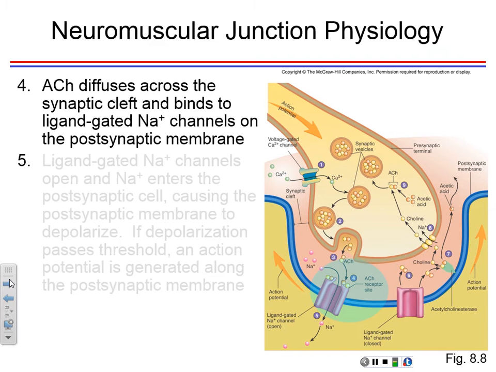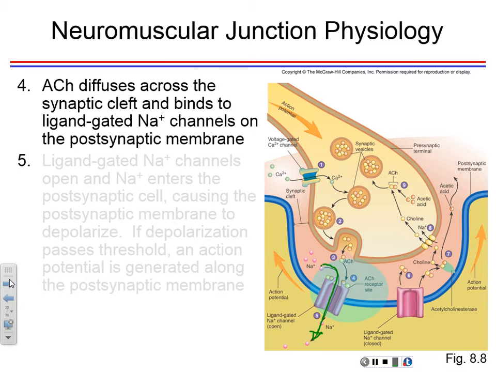What's happening in number 4? The acetylcholine that has been released is now attaching to the ligand-gated channel, and sodium is now going in. So we are beginning to depolarize now. We're going towards minus 55. Because the purpose of the ligand-gated channels is to go to minus 55, which is threshold.